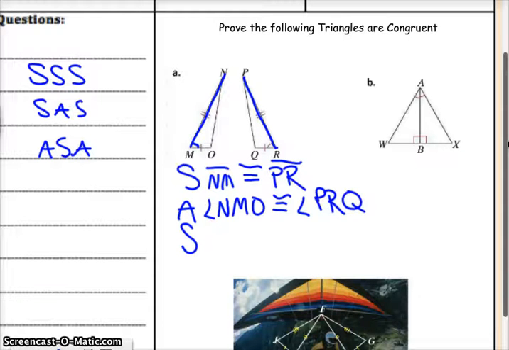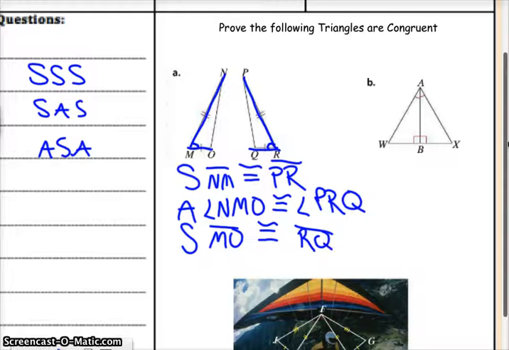Okay? So now I've shown a side and an angle. I have to show the side. So then I can say segment NO is congruent to segment RQ.